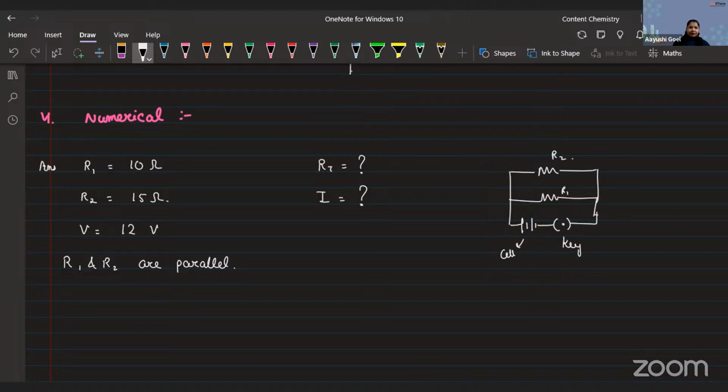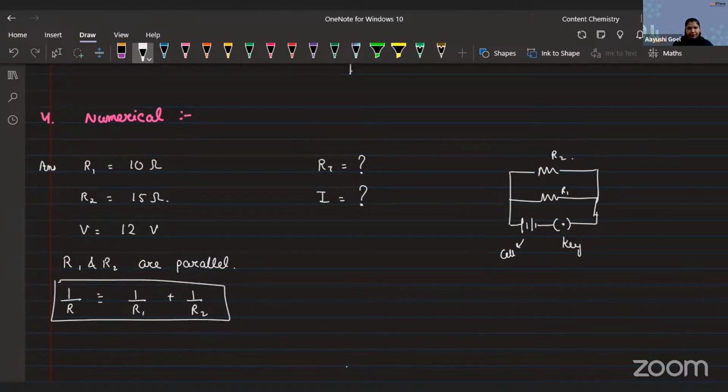So I can find 1 by R. Now, if I write it like this, 1 by R is equal to 1 by R1 plus 1 by R2. Okay, but how do you need to write this properly? The proper way is by using this formula, for parallel resistance.